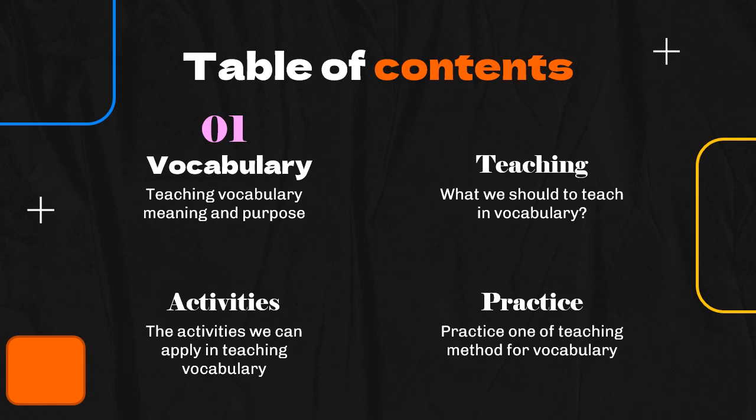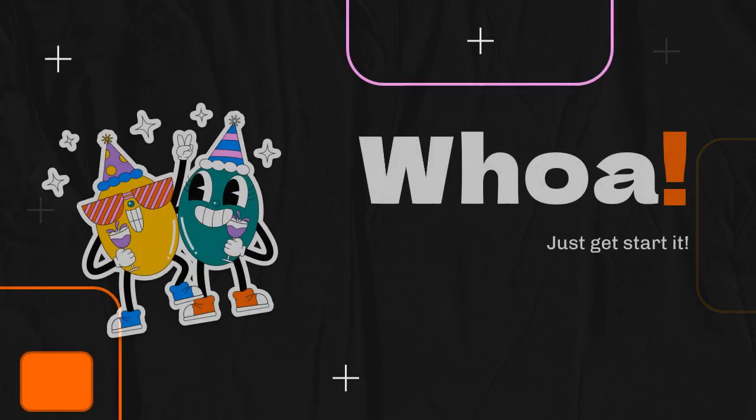We'll define the activities we can apply in teaching vocabulary. And the fourth is practice. Practice one teaching method for vocabulary from one or another method in vocabulary teaching. Okay, let's get started.